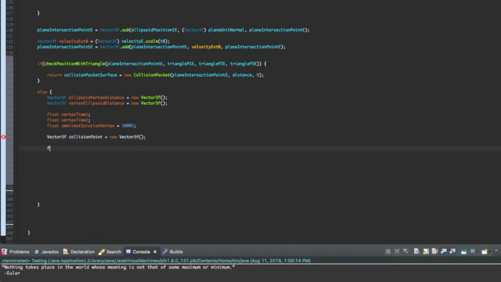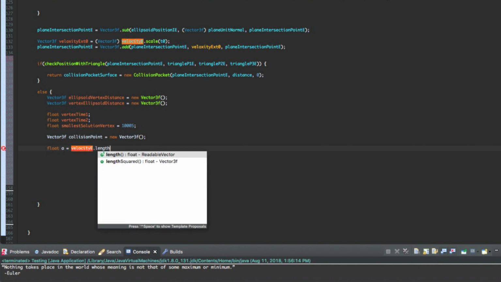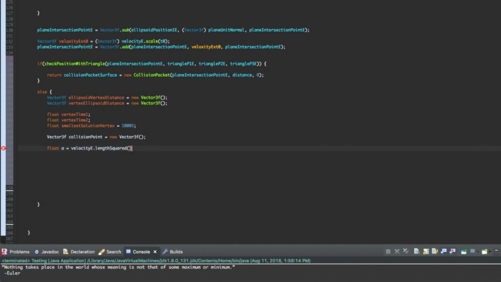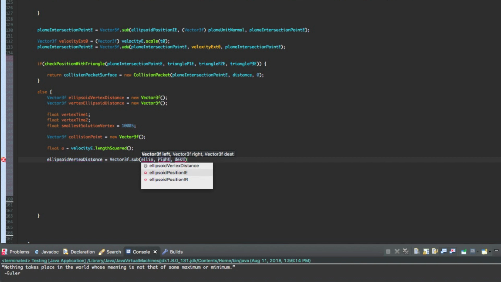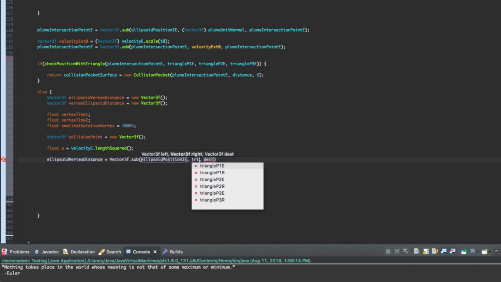We need a float, and this will be a, and I'm just getting this calculation from the previous screen, so velocityE.lengthSquared. And we will now say that the ellipsoid vertex distance is equal to vector 3f subtraction ellipsoid position IE minus the triangle P1E.